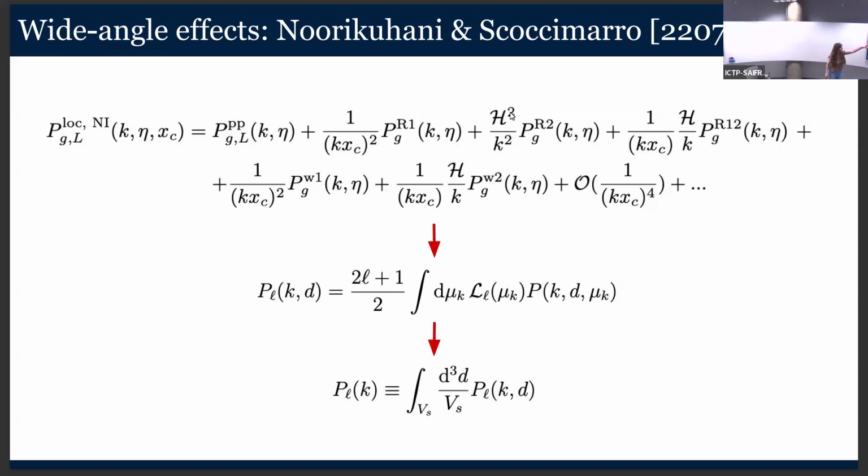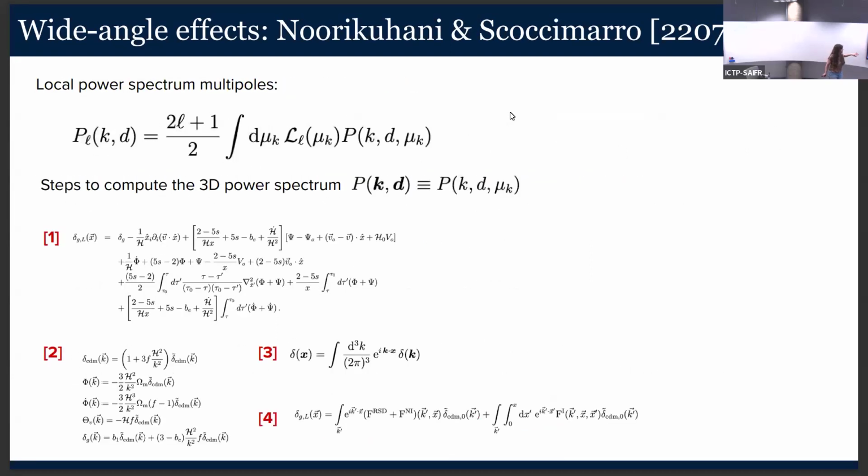So you have all these contributions that give you roughly the same kind of scale dependence on your power spectrum. And this is still linear theory? For this, yes. This is all computed in linear theory, this is your overdensity of galaxies.